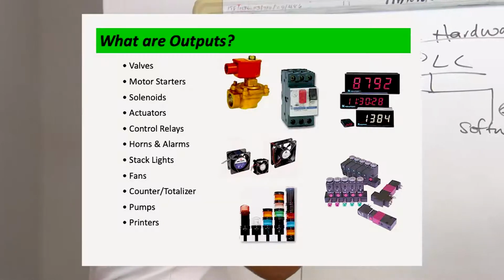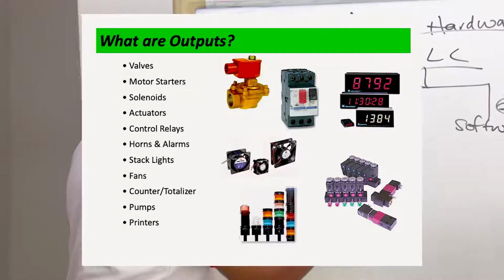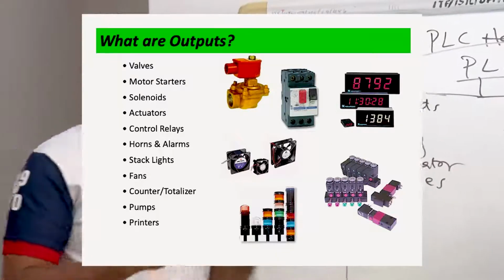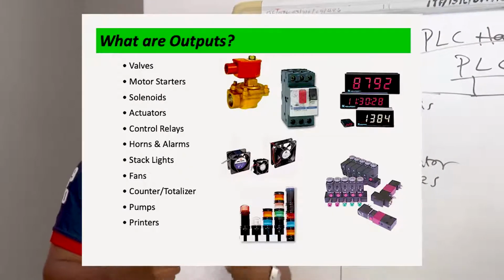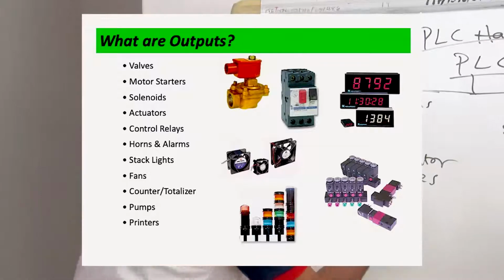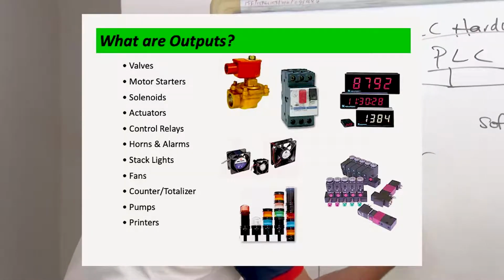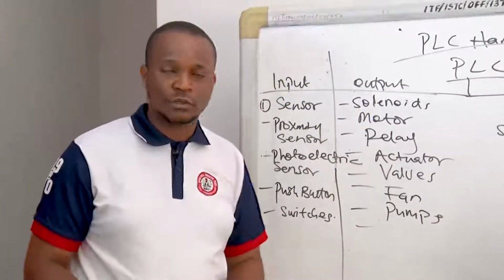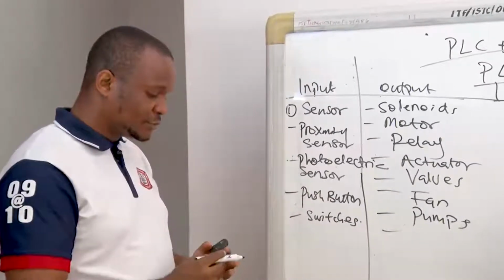We have actuators. We have valves. Many of them contain coils, okay? So these things constitute outputs to the PLCs. We have fans. We have pumps. We have so many of them. All these are part of the output devices. So these are examples of the input and output devices.